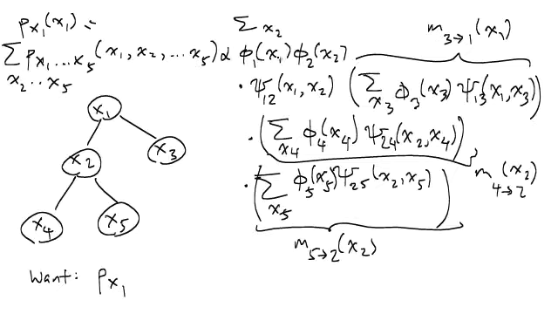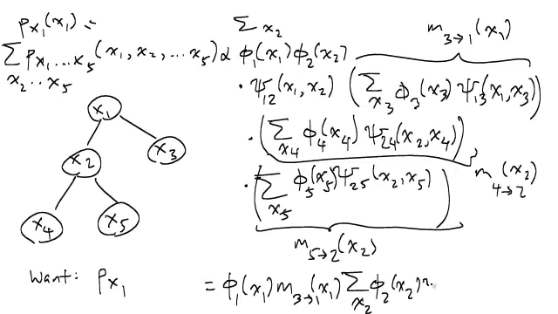Let me just write that down here. So this thing's going to be equal to phi1 of x1 times m3 to 1 of x1, and then the summation over x2 of phi2 of x2 times psi12 of x1, x2, and then times these two messages.